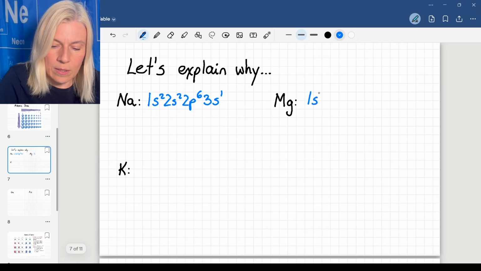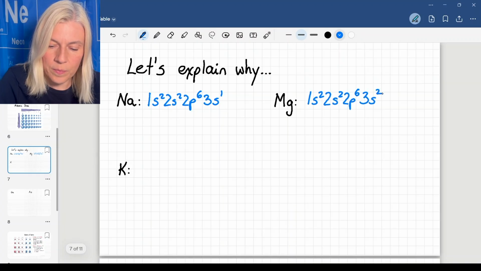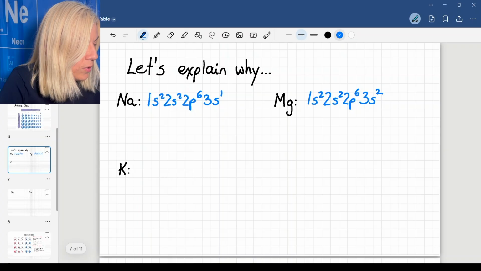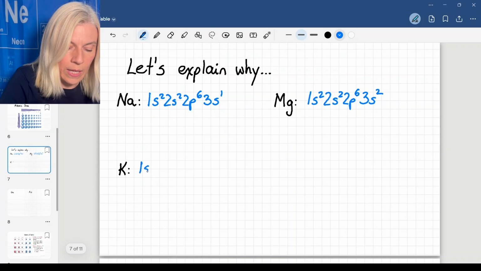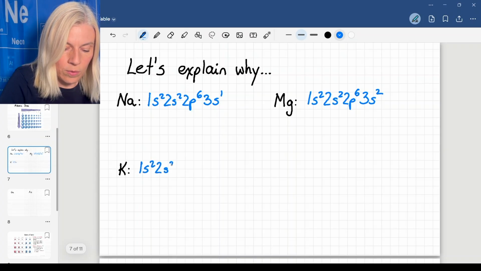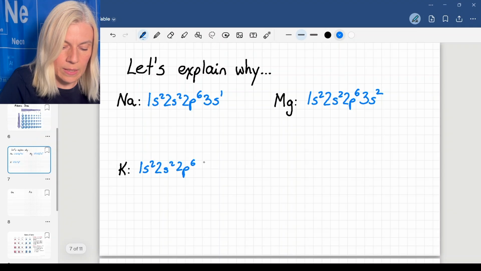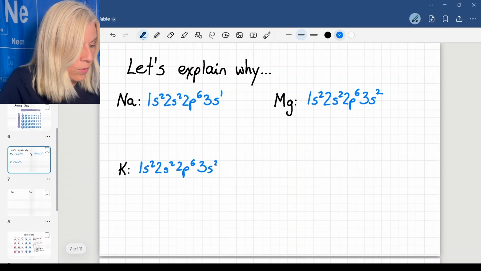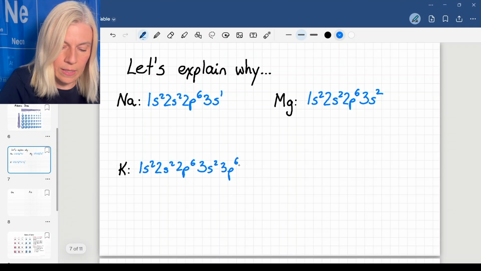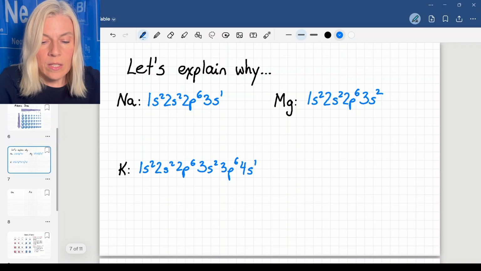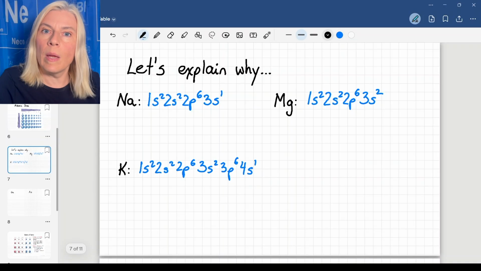Magnesium: 1s2, 2s2, 2p6, 3s2. And then for potassium: 1s2, 2s2, 2p6, 3s2, 3p6, 4s1. All right, so now we're going to draw a picture.